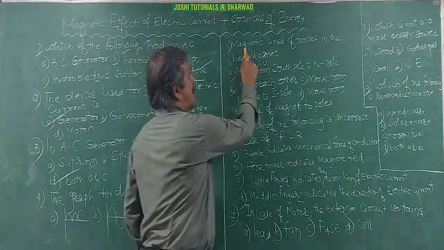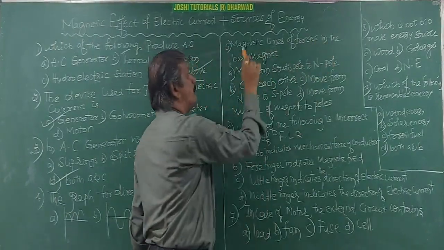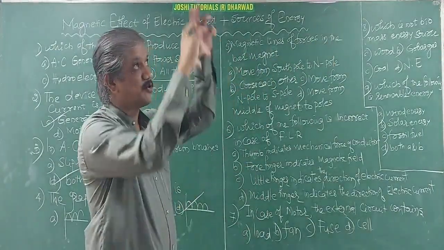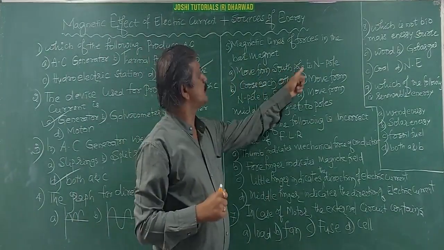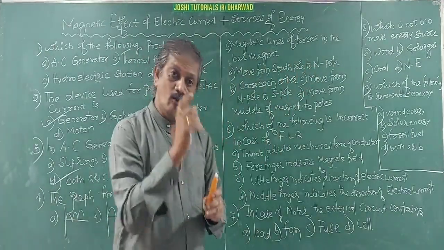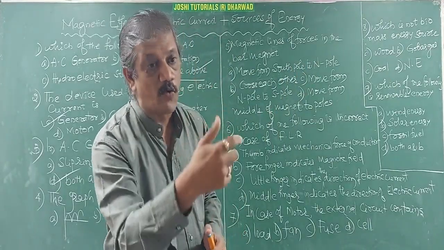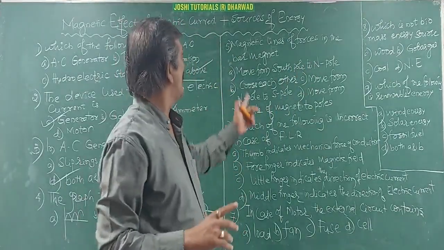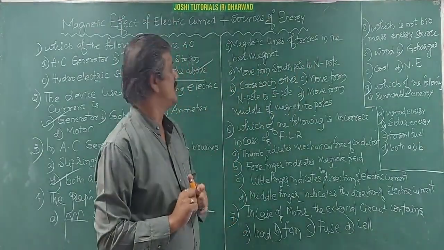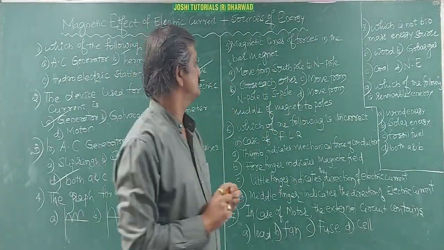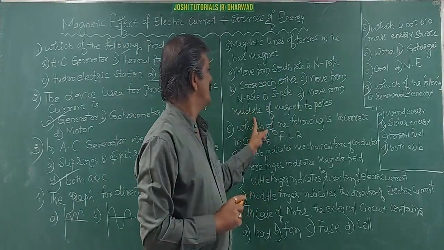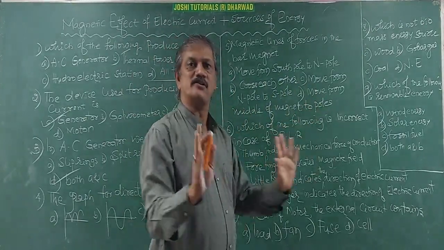And then, magnetic lines of force in the bar magnet. You must know the properties of the magnetic lines. Move from south to north pole. Wrong. Move actually from south to north, how? Inside. It's wrong. Cross each other. They never cross each other. Move from the middle of the magnet to the poles. Impossible.